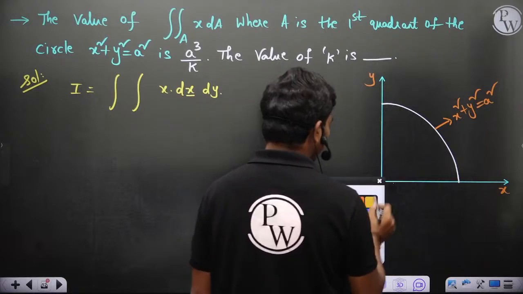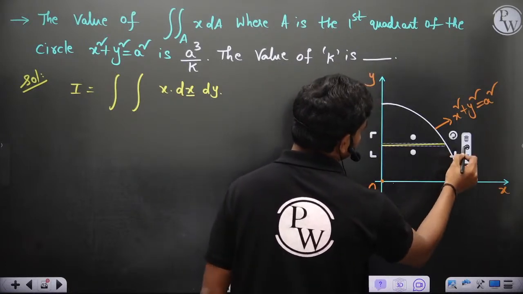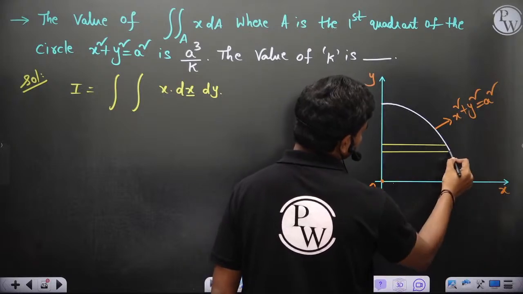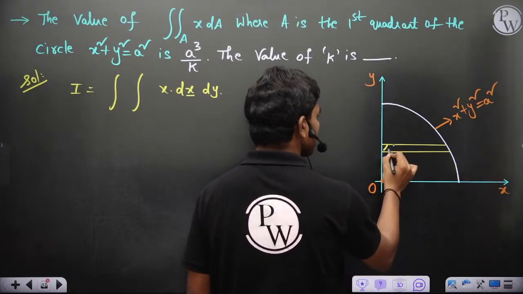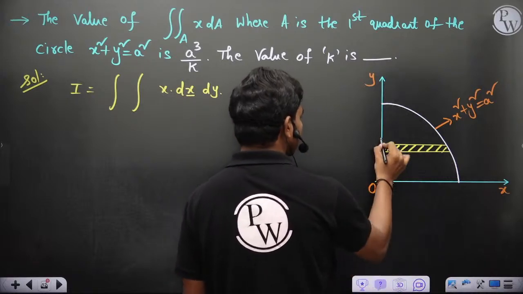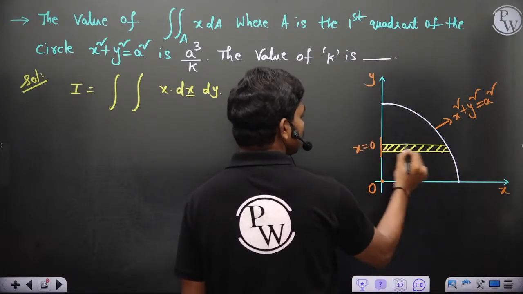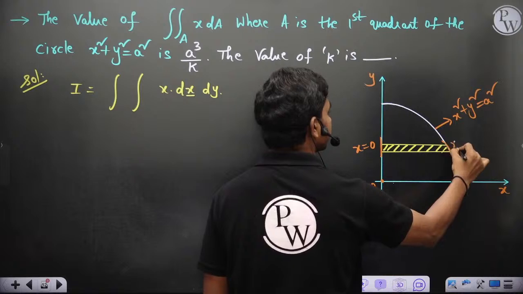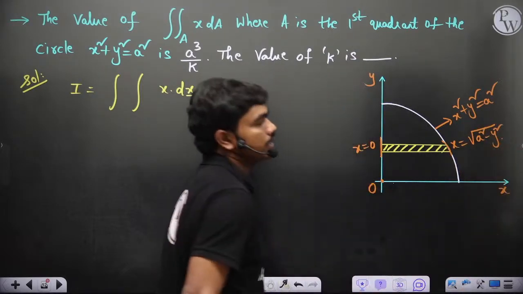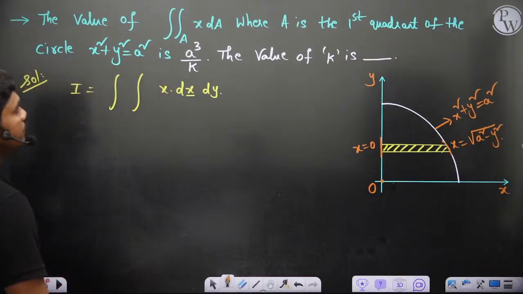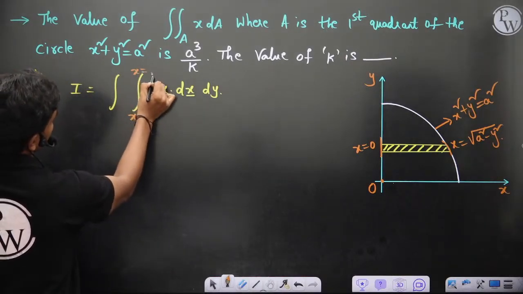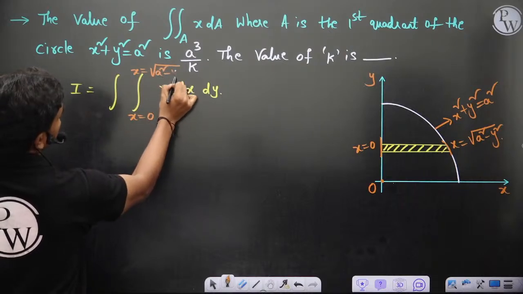Because we have decided to take x as the first variable of integration, then x is equal to 0, and it is bounded by x is equal to root of a square minus y square. So let's substitute x is equal to 0 to x is equal to root of a square minus y square.